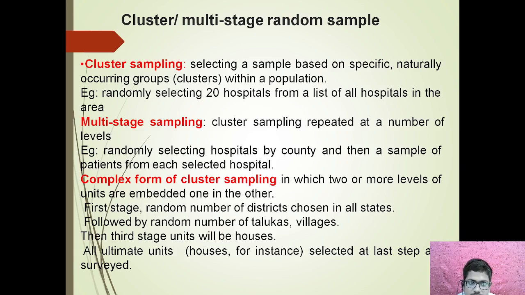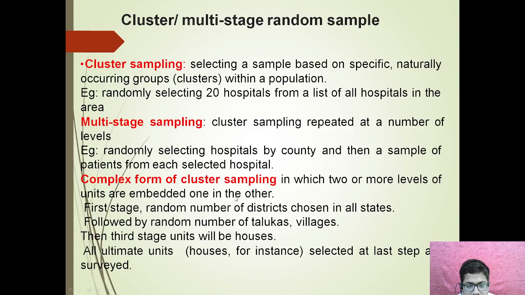Cluster and multi-stage random sampling. Cluster sampling is selecting a sample based on specific naturally occurring groups, clusters, within the population, for example randomly selecting 20 hospitals from a list of all hospitals in the area. Whereas multi-stage is cluster sampling repeated at a number of levels, randomly selecting hospitals by country, and then a sample of patients from each selected hospital. It is a complex form of cluster sampling in which two or more levels of units are embedded one in the other.